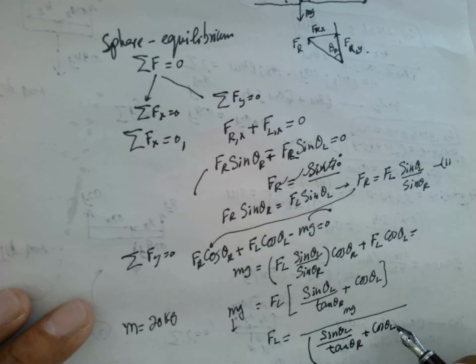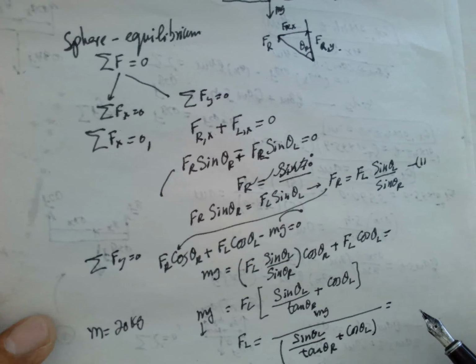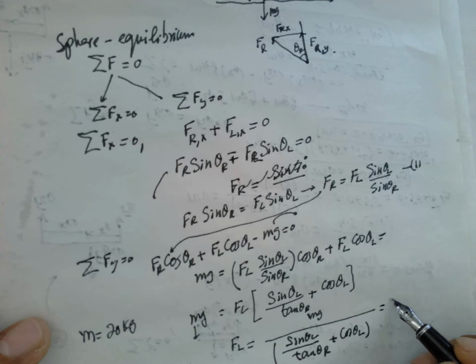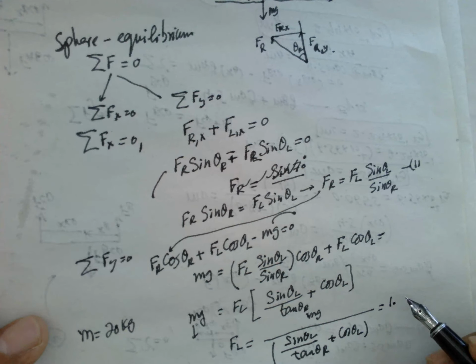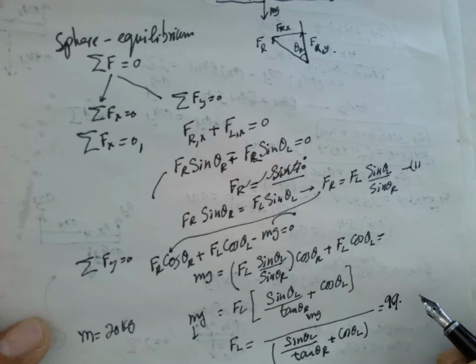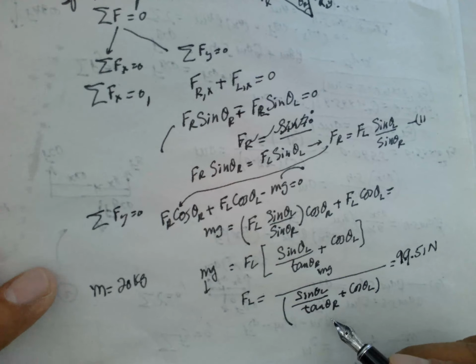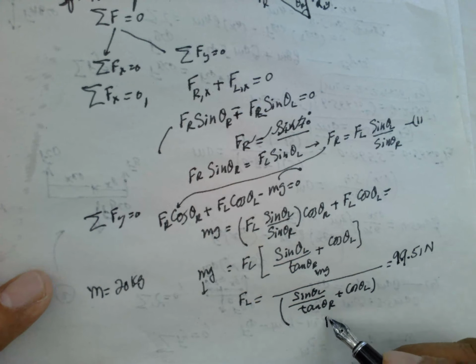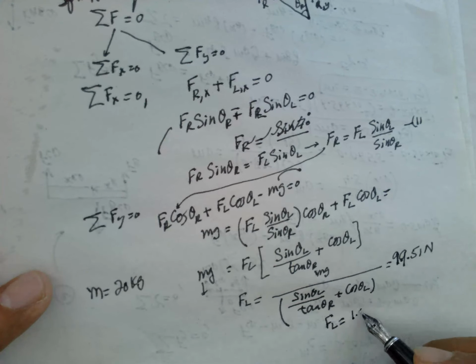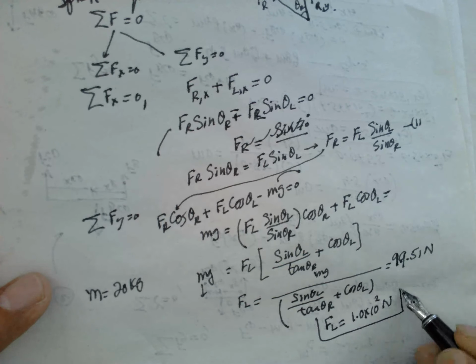If you substitute the values, then we will get F_L equal to 99.51 newtons, or we can say F_L is approximately 1.0 times 10 to the power 2, about 100 newtons.